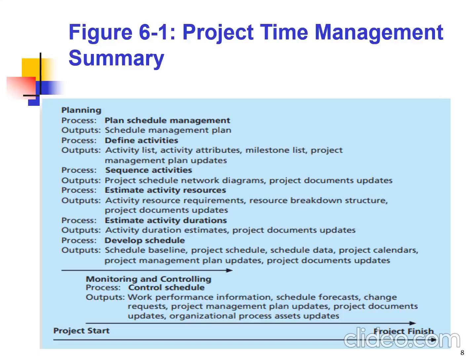We also do estimating of activity resources. You also find estimating of activity durations. Also, you develop a schedule. So under monitoring and control, we do a control schedule, which involves work performance information and other. And this process goes from the beginning up to the end of the project.